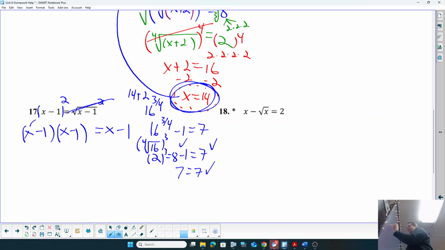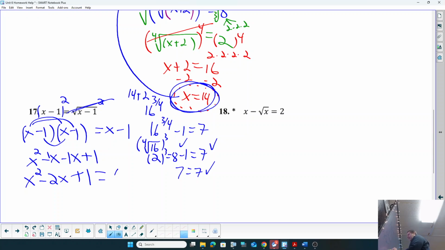So then, we have x times x is x squared. X times negative 1 is a negative 1x. This negative 1 times x is a negative 1x. And the negative 1 times negative 1 is a positive 1. So then we have x squared minus 2x plus 1 is equal to x minus 1.